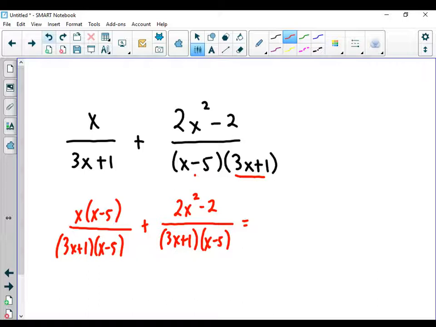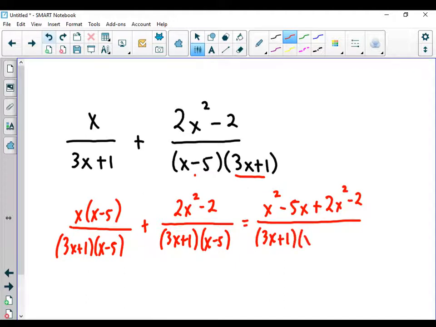All right, let's try to put the two fractions together. So I'm going to multiply the x times the x minus 5, which gives me x squared minus 5x. I'm going to add to that, because we were supposed to do addition, 2x squared minus 2. All of that is over this 3x plus 1, x minus 5.